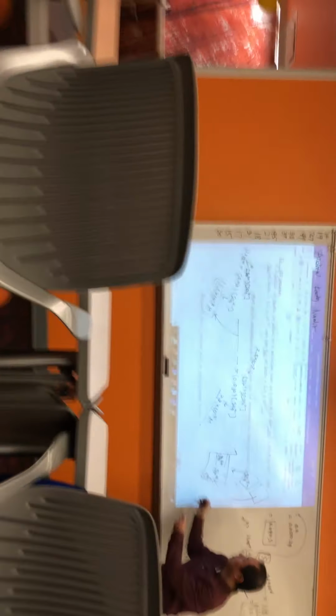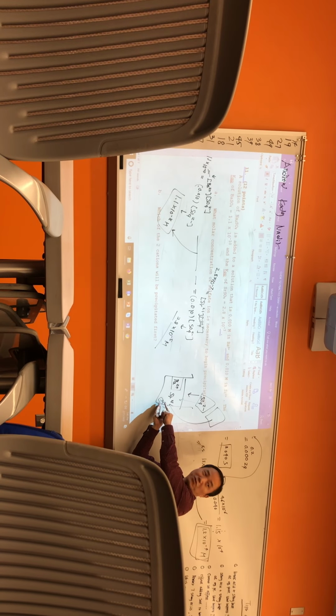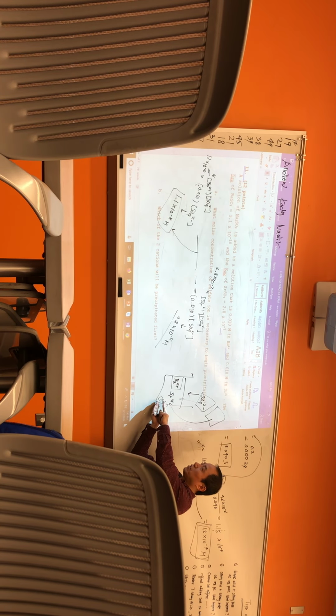So when you add this guy over here, the concentration of SO4 in the water will increase, right? If you add more, the concentration increases. So until this concentration reaches a certain point, none of them will precipitate. But if it reaches a certain amount, that's when this guy starts to precipitate.